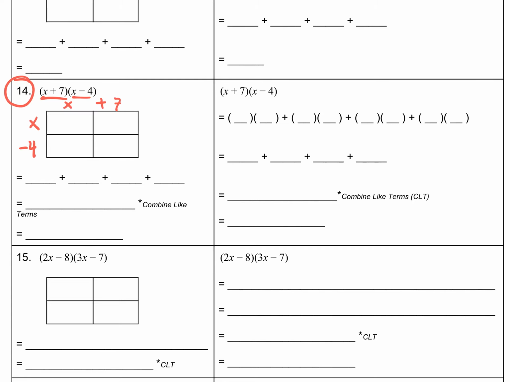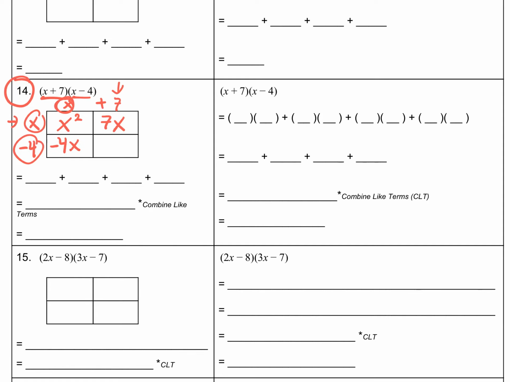Now we're going to start filling in the boxes. So in our rectangle, our generic rectangle, we have x times x here. I'm going to put x squared. Here I have 7 and x, so that's 7x. Here I have x times negative 4, so here I'm going to have negative 4 times x.